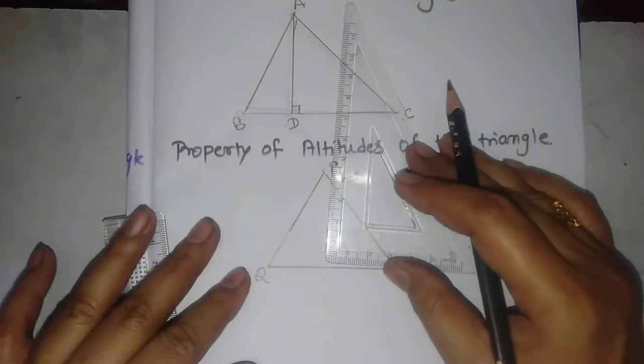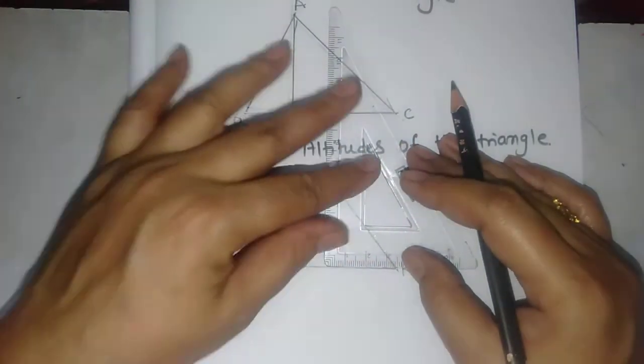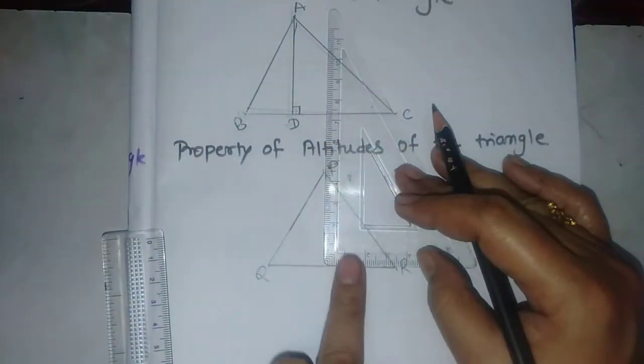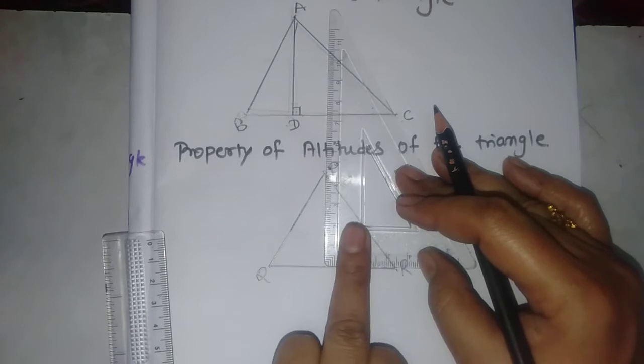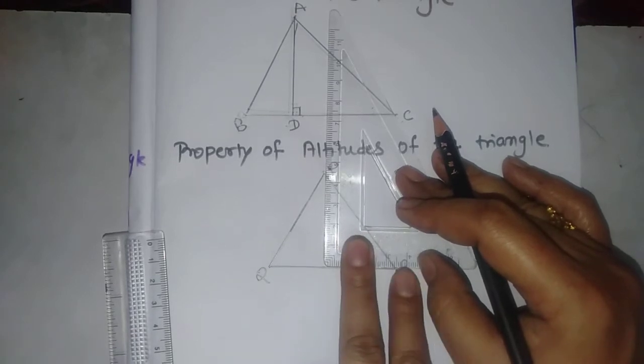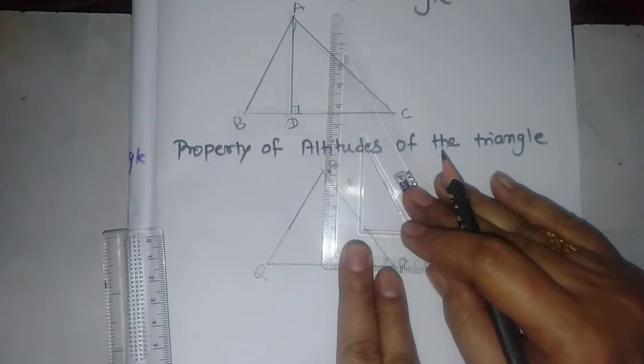Put one side of the set square on the opposite side of the vertex P. So the opposite side of the vertex P is QR. Now another side of the set square is exactly touched to the point P.